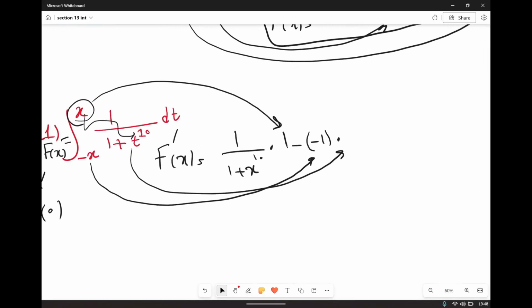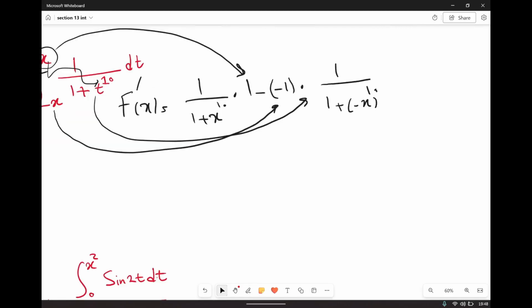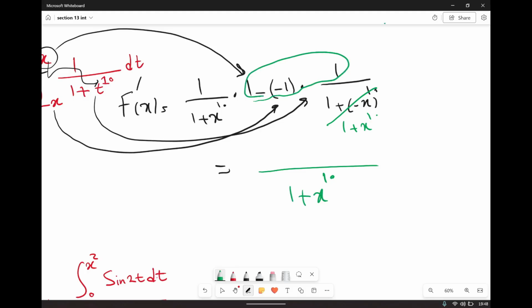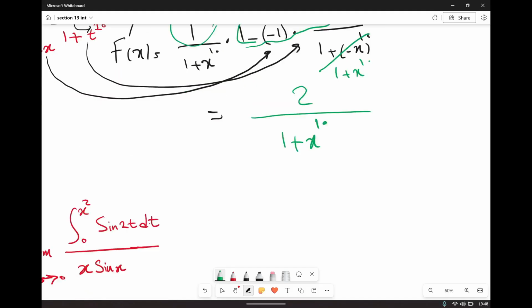I substitute in place of t minus x, so it is 1 over 1 plus minus x power 10. What about the denominator also? That is 1 plus x power 10. The denominators are the same, 1 plus x power 10, but in the top, 1 plus 1 is 2. What is that exactly, guys? It is f prime of x.